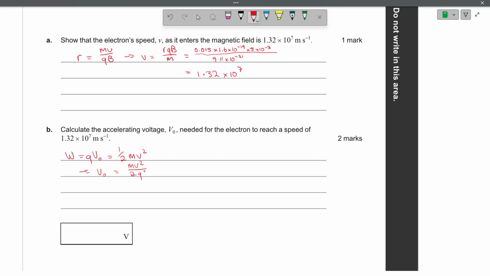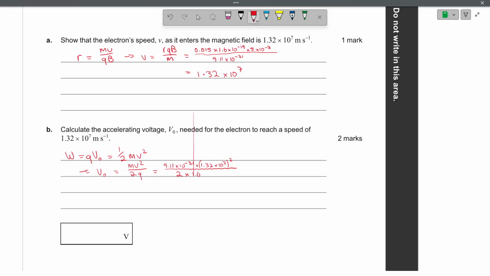M is the mass of the electron, v is its speed, which is 1.32 times 10 to the 7, squared, and that's all over 2 times the charge of the electron.